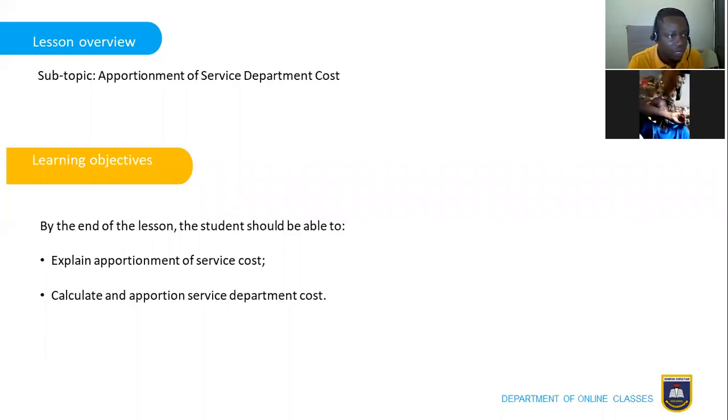So today, our focus will be on the apportionment of service department costs. So we'll be looking at how to calculate for all these costs and how to share the cost over the various departments. Are you getting me?